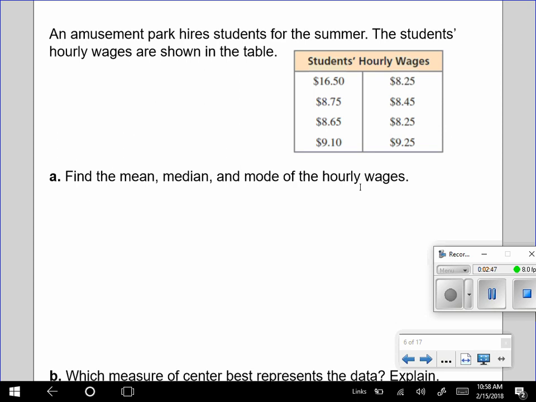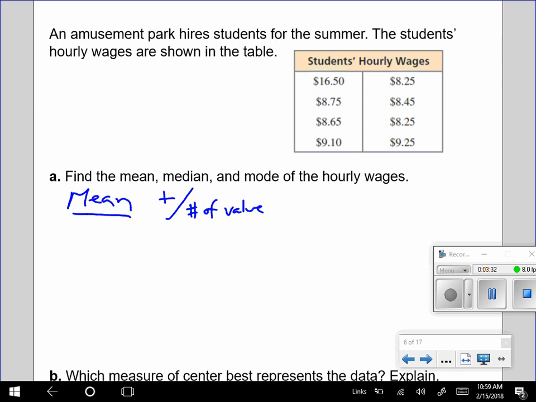So the mean, remember, we're going to add up all of our values and then divide by the number of values. I'm going to add up each one of these on a calculator, and you can do this with me. So I have 16.50 plus 8.25 plus 8.75 plus 8.45 plus 8.65 plus 8.25 plus 9.10 plus 9.25.